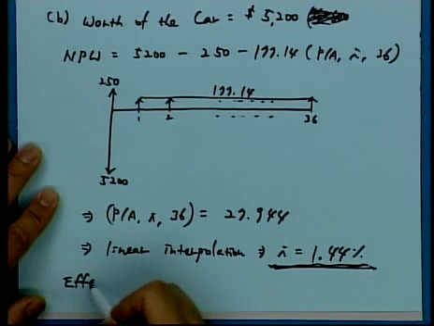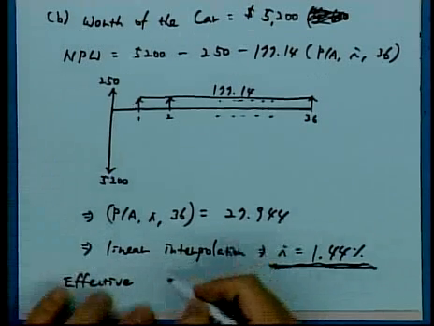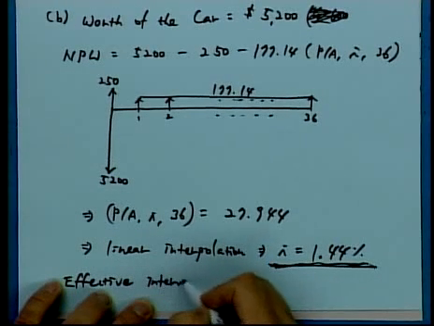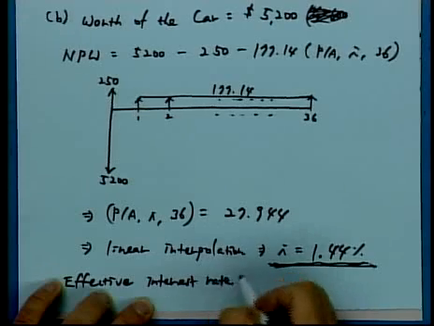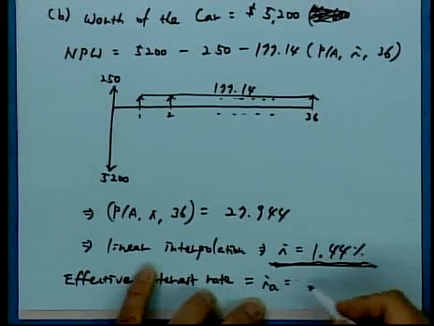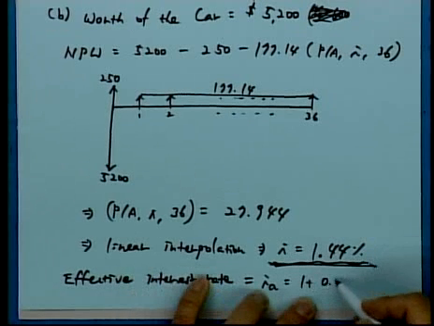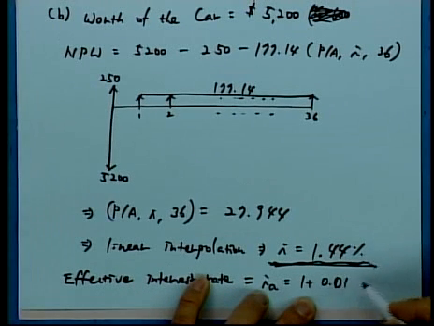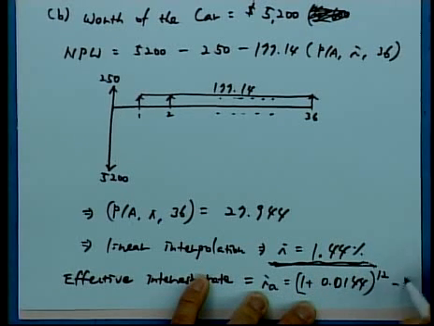So in this case, the effective interest rate would be i sub a equals (1 plus 0.0144) to the power 12 minus 1, right?